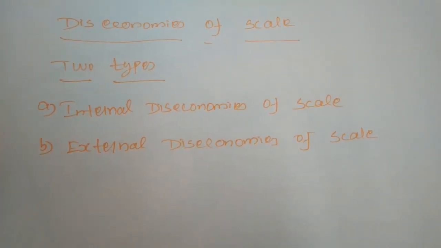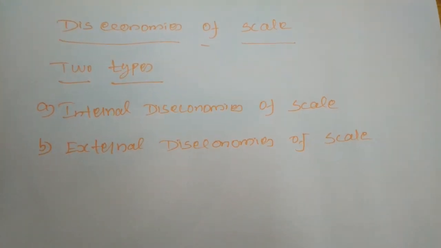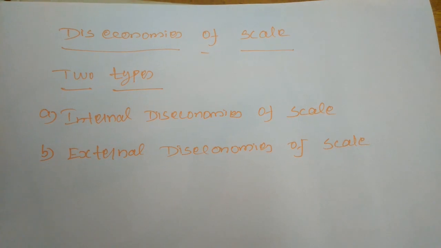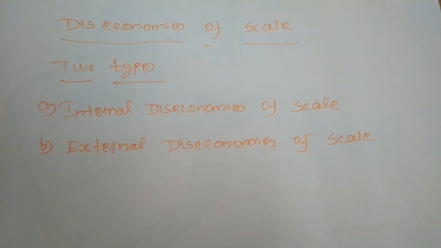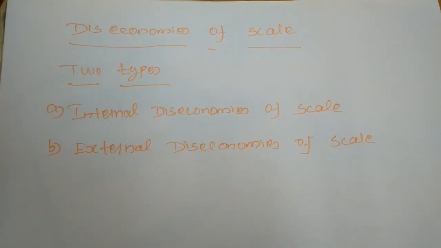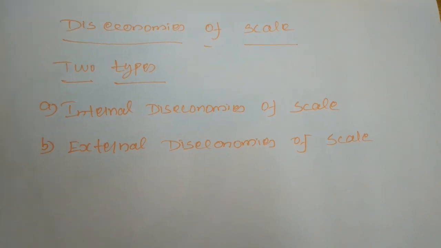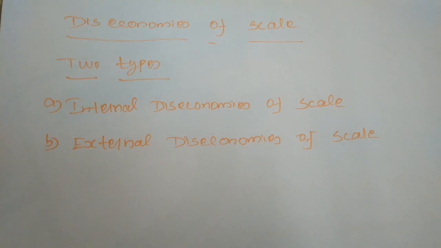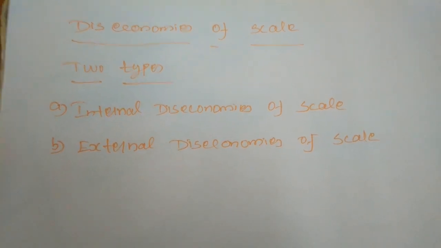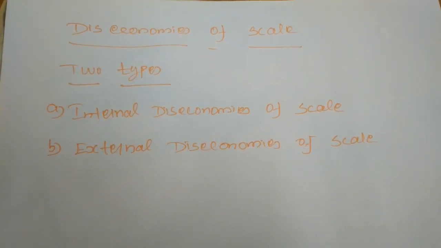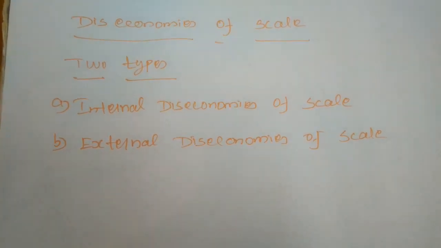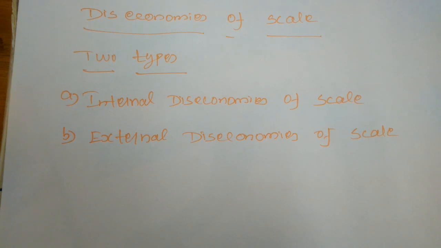But if you are getting some disadvantages by establishing or continuing the business organization, it is called diseconomies of scale. Suppose when we are establishing an industry, the cost of production is increased; that is called diseconomies of scale.